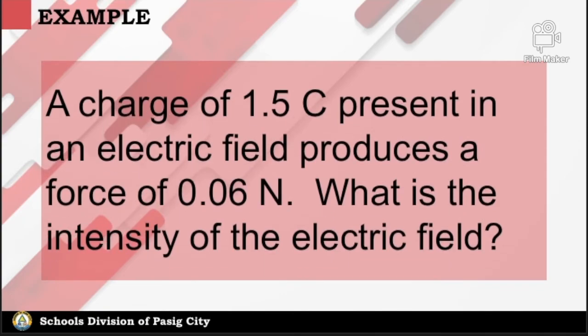Let's have an example on how to calculate electric field. A charge of 1.5 coulomb present in an electric field produces a force of 0.06 Newton. What is the intensity of the electric field?